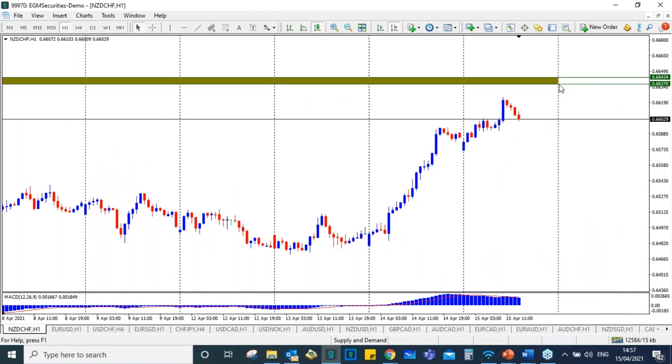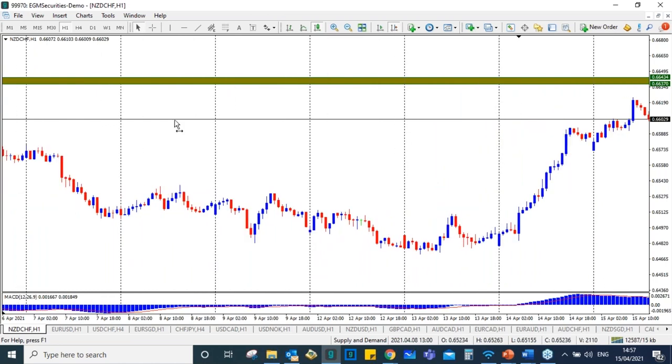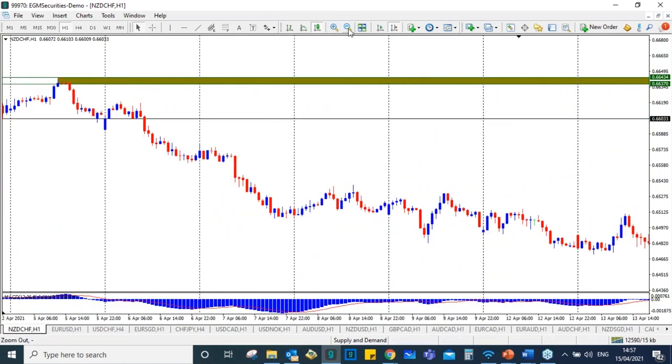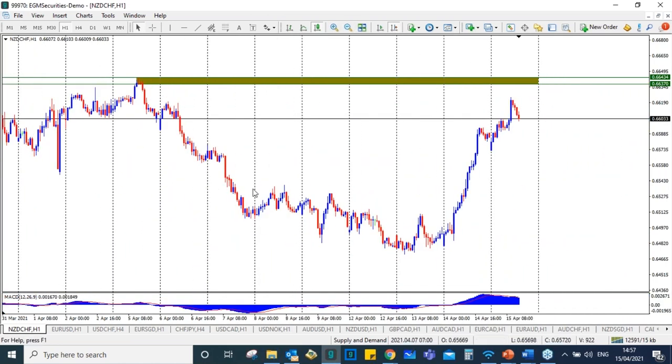By marking that zone, ideally we want to check whether, as the price continues to drop further down, there is a time when the price will come back to this zone. If there's no time when price has approached this level, this is a level which we call a fresh zone.